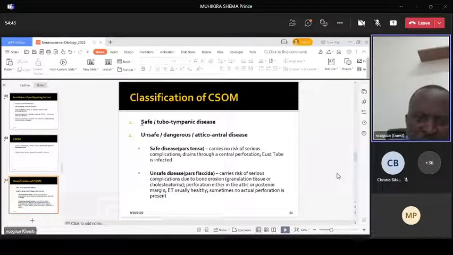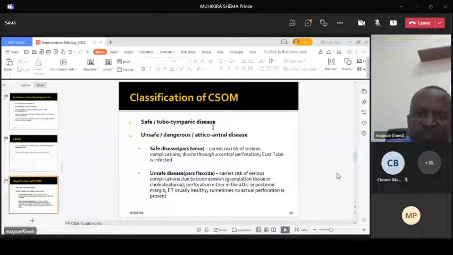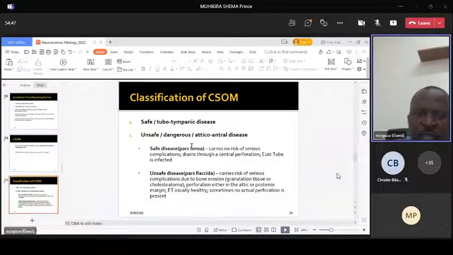So you have the safe or tubotympanic type in the pars tensa, and the unsafe and dangerous, atticoantral type, in the pars flaccida.